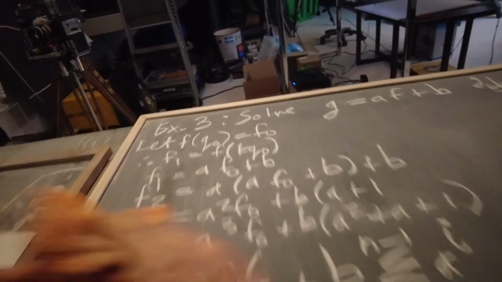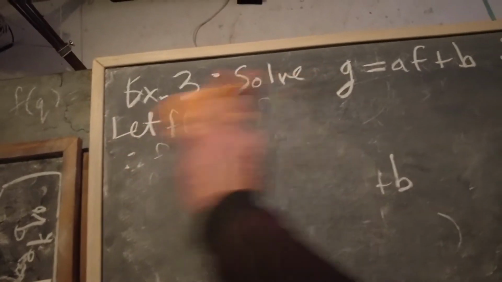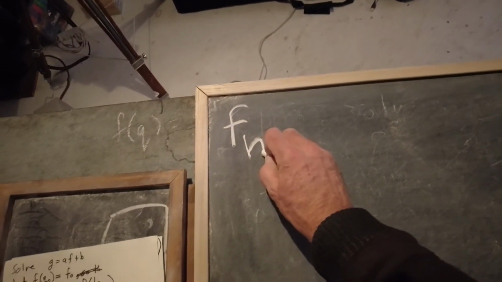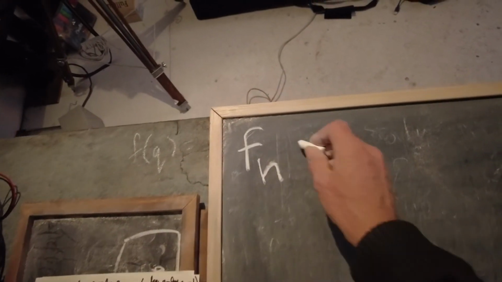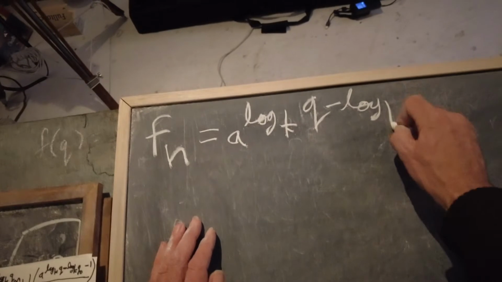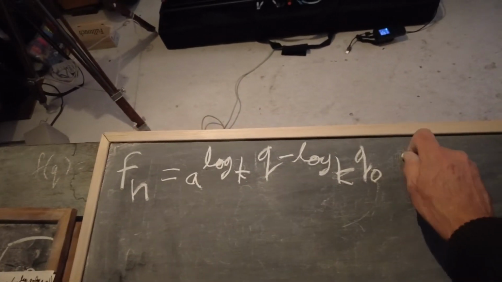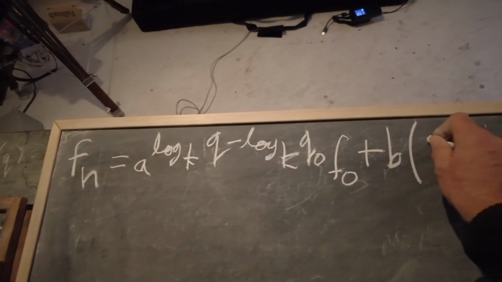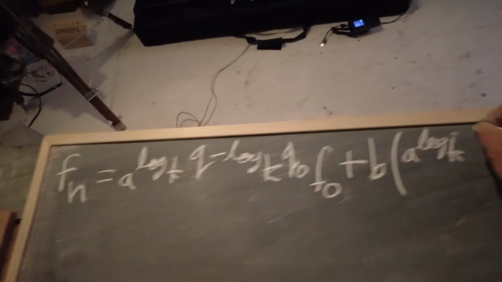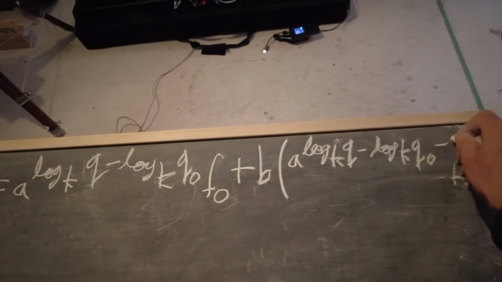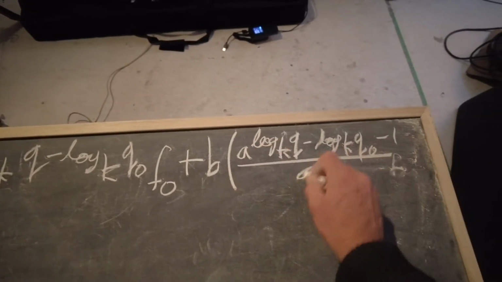So we're going to substitute in here that f sub n equals a to the log k of q minus log k of q0 times f0, plus b times (a to the log k of q minus log k of q0 minus 1) over (a minus 1).